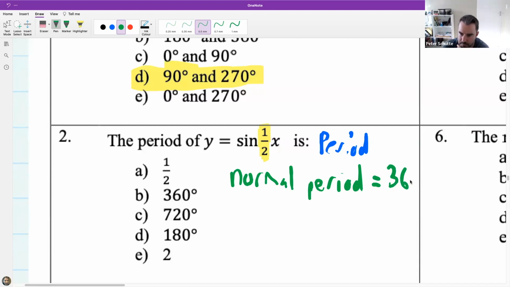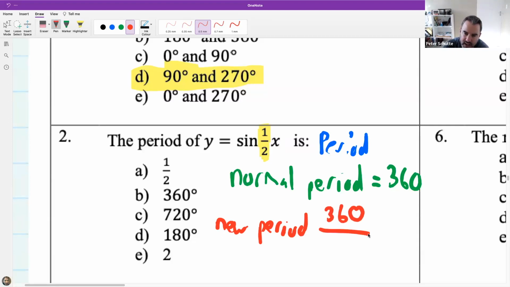It's 360. Yes. So if a graph has a new period, this number over here changes the period. So you take the normal one, or the old one, and you divide it by the number that's here. And that gives us the new period of the graph.